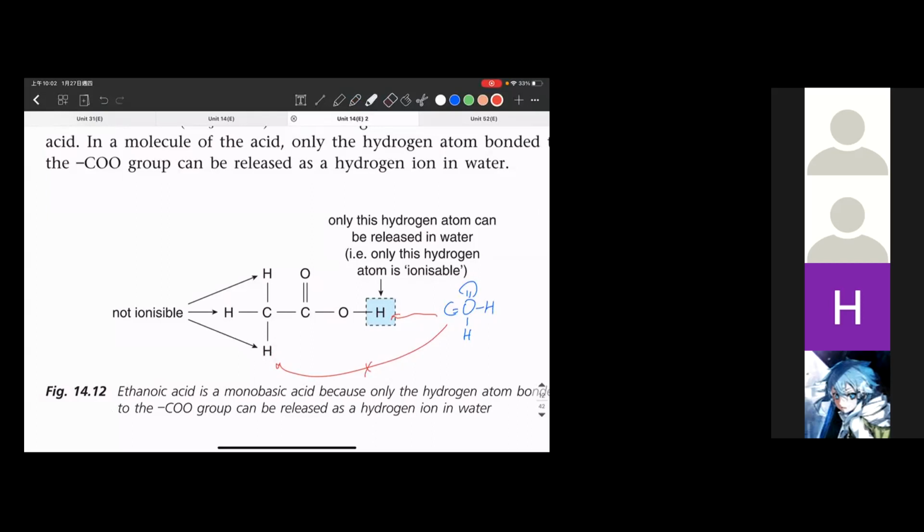Do you know why? It's because of the chemical environment. So check for the term electronegativity. Now you type it on the web. What is that?